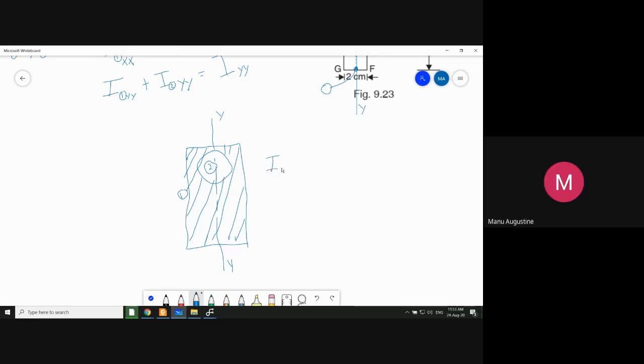Yes, find the moment of inertia of the complete rectangle, that is area 1, with respect to the y-axis, and subtract, because now this is a missing area, the moment of inertia of the second area, that is the circle, again about the y-axis. And this will give you the moment of inertia of the remaining area about the y-axis. So this is the simple concept that you have to apply.